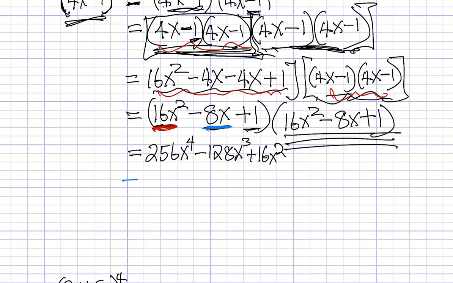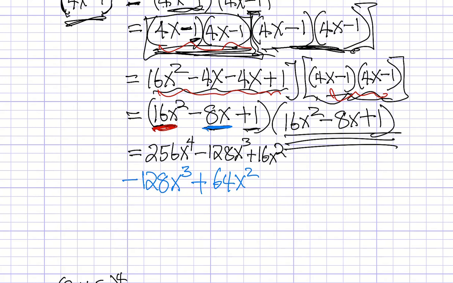You're gonna get negative 128x to the power 3. And then we'll say negative 8x times negative 8x. Make sure you're seeing what I'm doing. Then you're gonna have positive 64x squared.